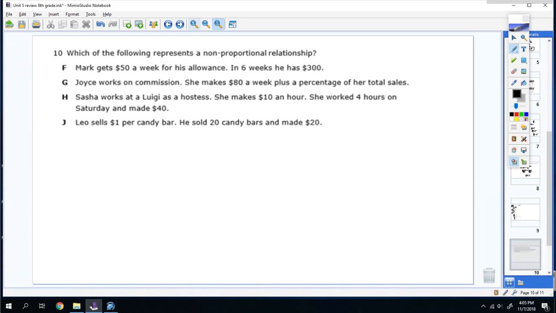10. Which of the following represents a non-proportional relationship? So just a reminder, you have y is equal to mx plus b. If the b does not equal 0, then it's non-proportional. So we need to figure out which one of these situations has a plus something. So F, Mark gets $50 a week for his allowance.